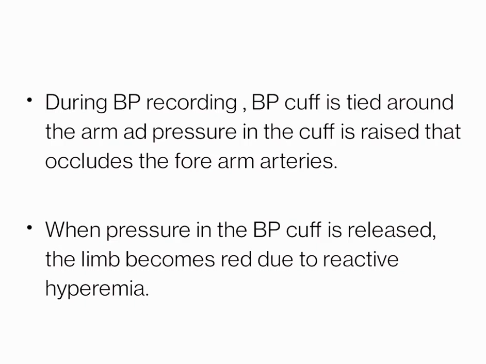When the pressure in the cuff is slowly released, the limb becomes red due to reactive hyperemia. The entire area of the forearm becomes red due to reactive hyperemia. So this is about the vascular response to temporary occlusion. It is a small topic. With this, I could conclude my topic.